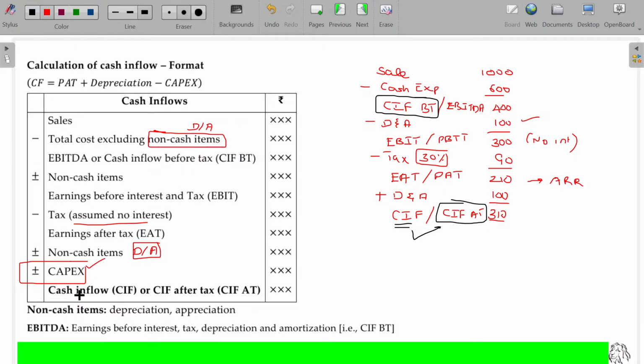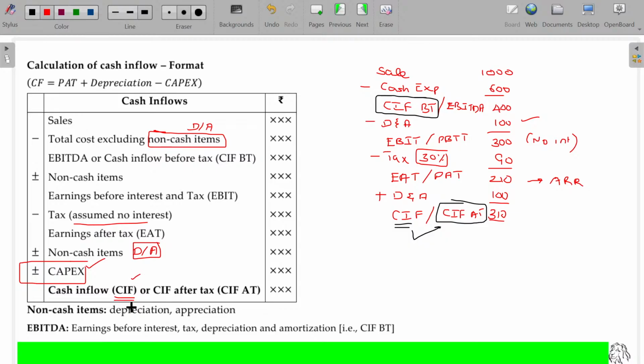If you are discarding some assets, then capital amount is released, so capital expenditure is negative. When you purchase a new asset, money goes out for the capital investment, and that is called capex. In case of capex, money goes out, so subtract. In case of capex sold, capex revenue, that will be added back to find out the cash inflow.